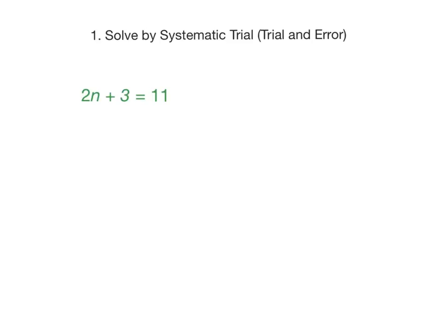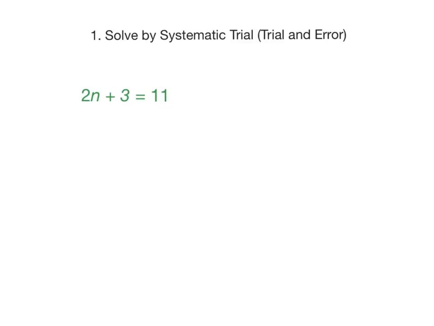The first method in solving equations is by using systematic trial. This is also called trial and error or guess and check. By looking at this equation, we know that 2 times a number plus 3 gives us 11.